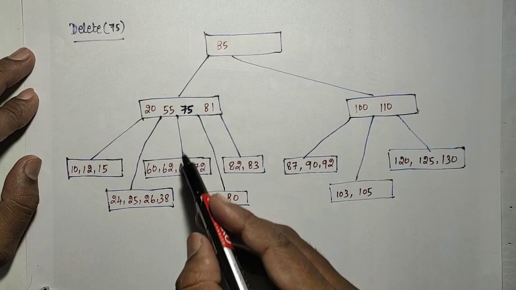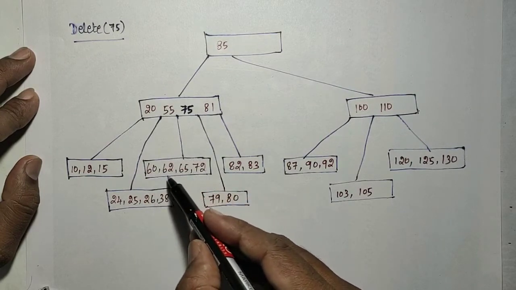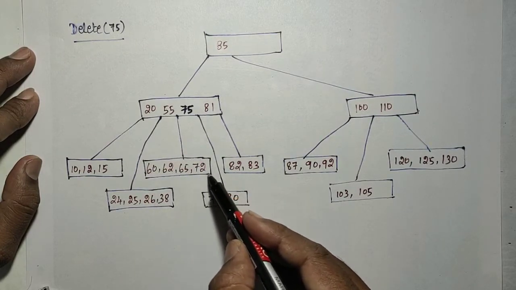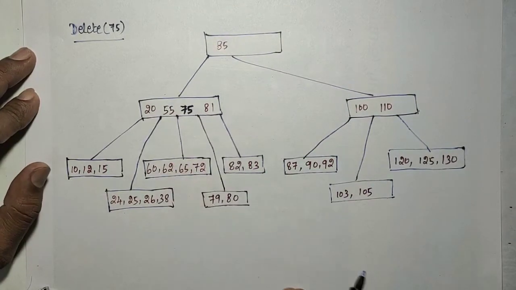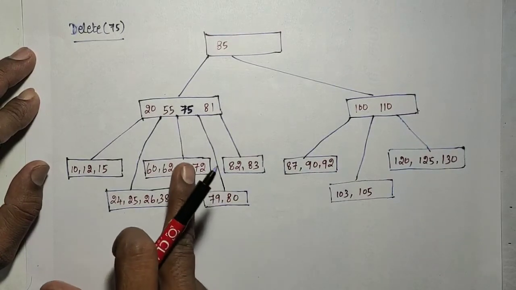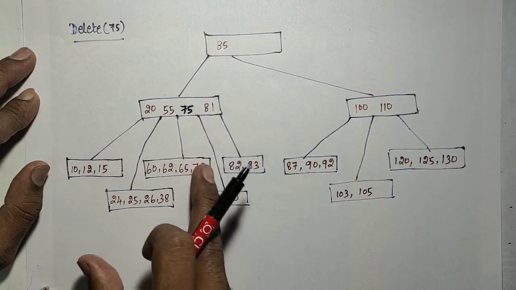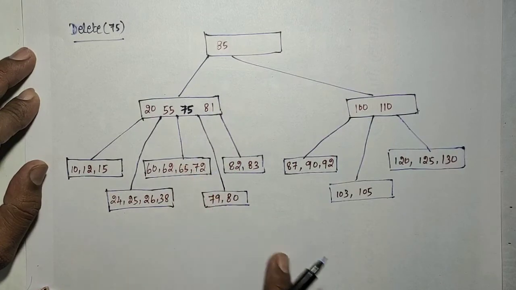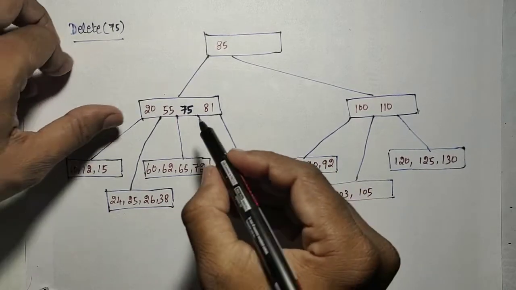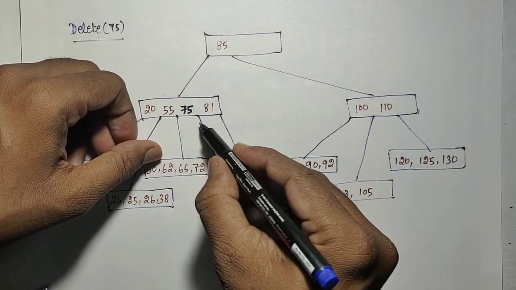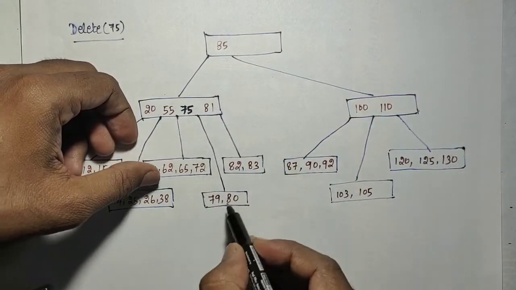The left subtree is this subtree, and its rightmost element is 72. Even if it has further elements, we have to look for the rightmost node and choose the rightmost element there. Otherwise we can go with the right subtree's leftmost element.